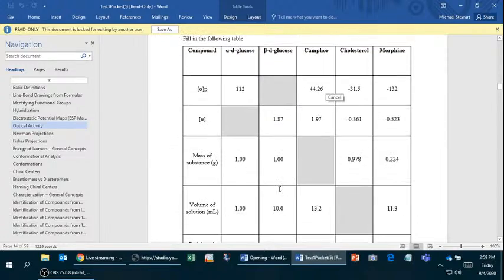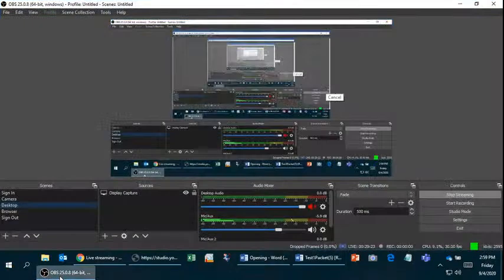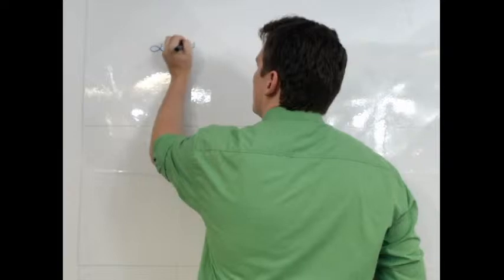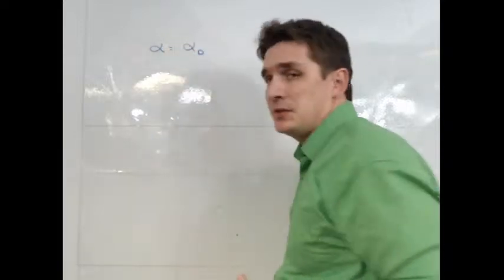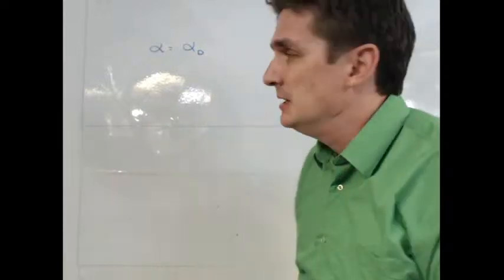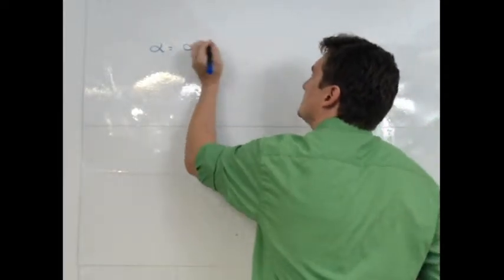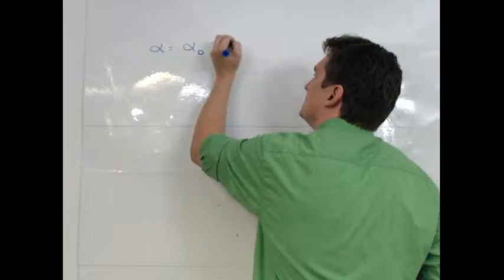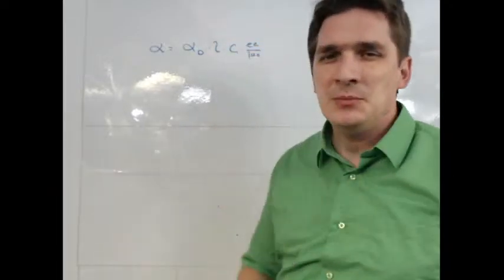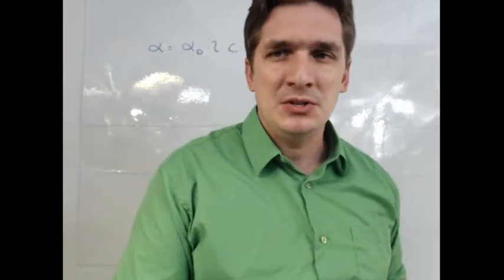So you've got your formula. Alpha equals alpha D, if you're working with a dextrorotatory, if you're working with a levorotatory, you'll get that number 2, times path length times the concentration times EE over 100. And I'm going to be honest with you, I need to look that up just to make sure that formula is correct.